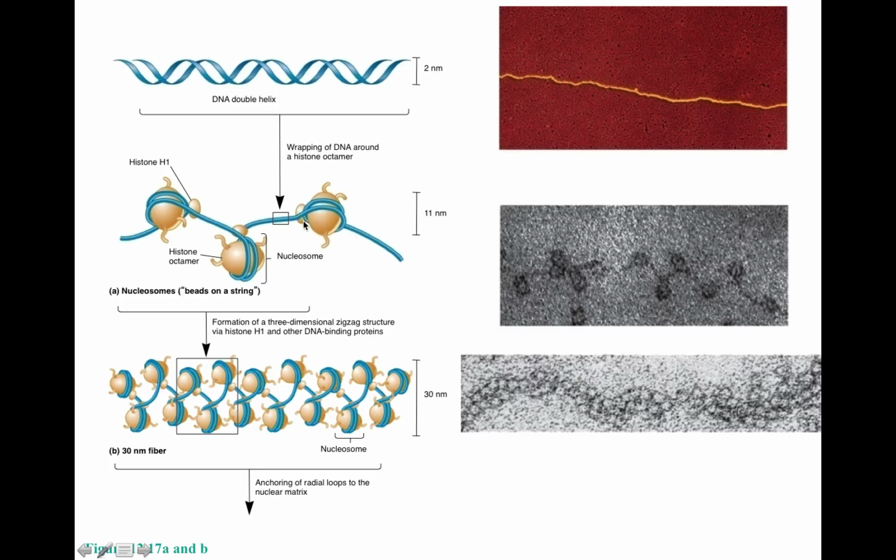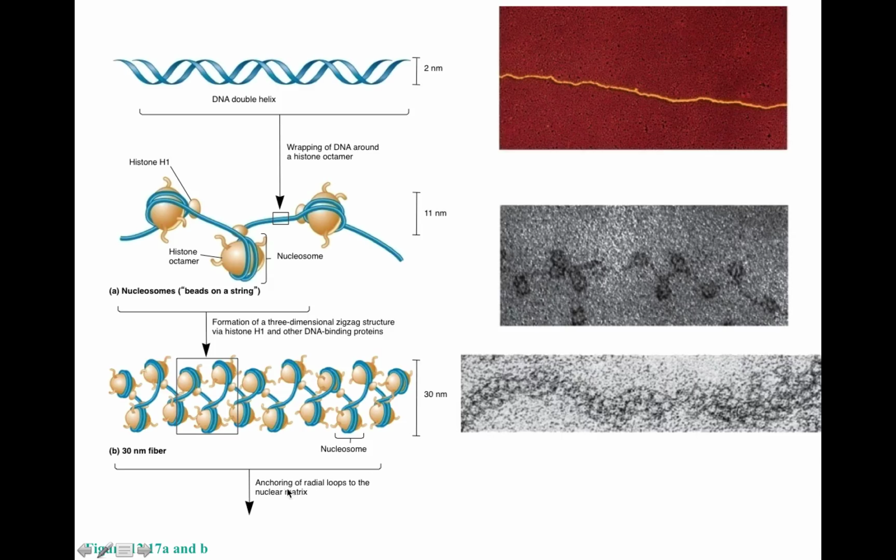Okay, it should not have these histone H1s here. This is a mistake. It should not have these. When you add the histone H1, you can form the zigzag or solenoid structure that makes the 30 nanometer fiber. And this is really the basic 30 nanometer fiber of chromatin.